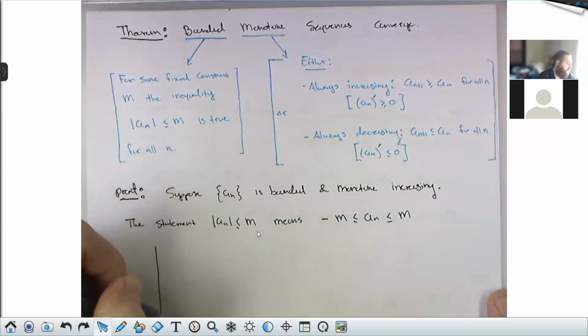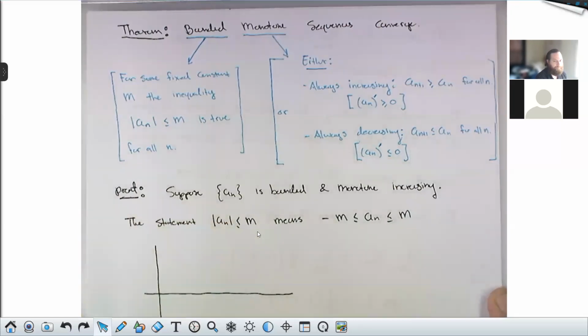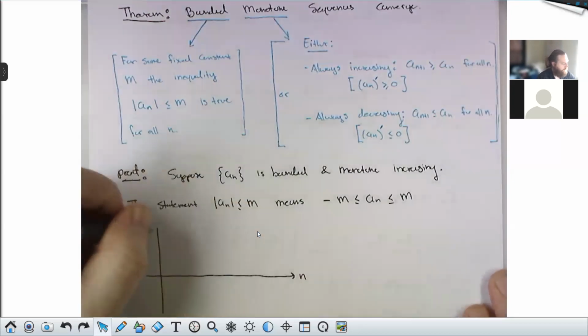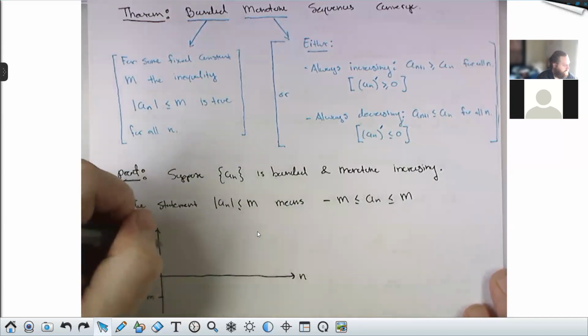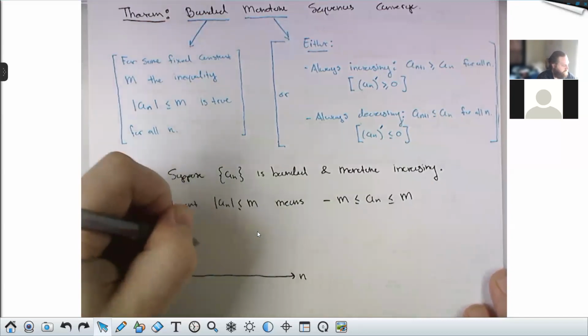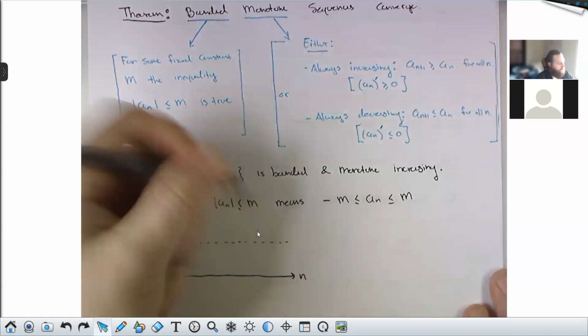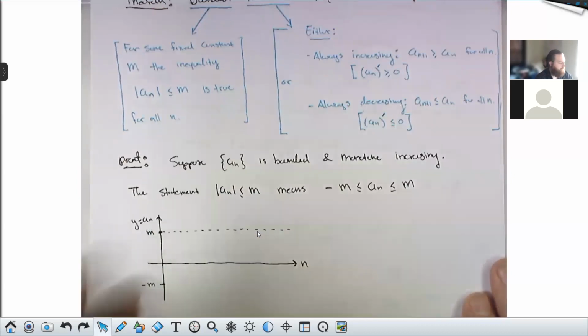So let's try to draw the graph of such a sequence. Here's my n axis, and this is the graph y equals a_n. Let's say M is here, which means negative M would be down here. And I've said that this sequence is bounded by M, which means that on the one hand, a_n is always less than or equal to M, can't go above that line.